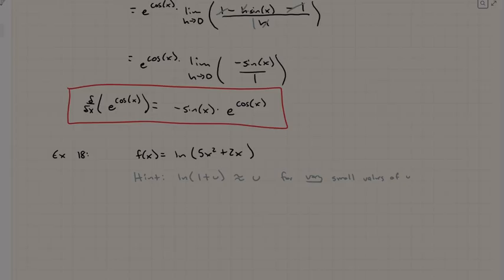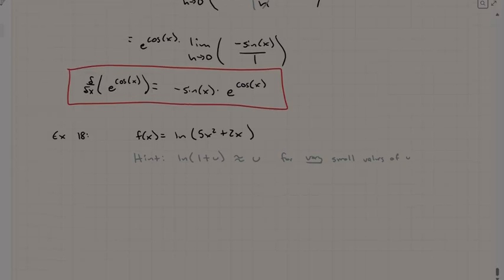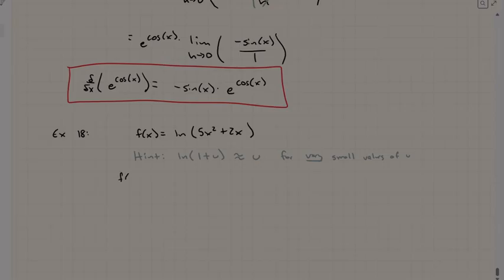So we got our f of x. Now we need our f of x plus h. All right, so it's going to be the ln of 5 times (x plus h) squared plus 2 times (x plus h). Okay, we are going to clean this up as much as we can before we start doing the limit.